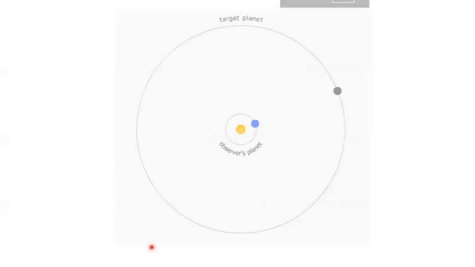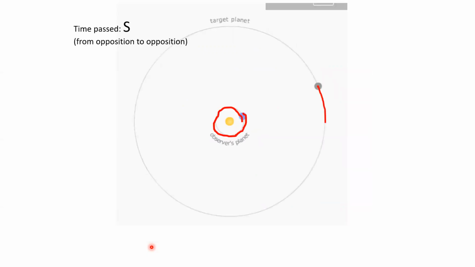Superior planet. And here we are at the next opposition. And I did my best in PowerPoint to trace out the path taken by each planet, Earth and the outer planet, between those two successive oppositions.